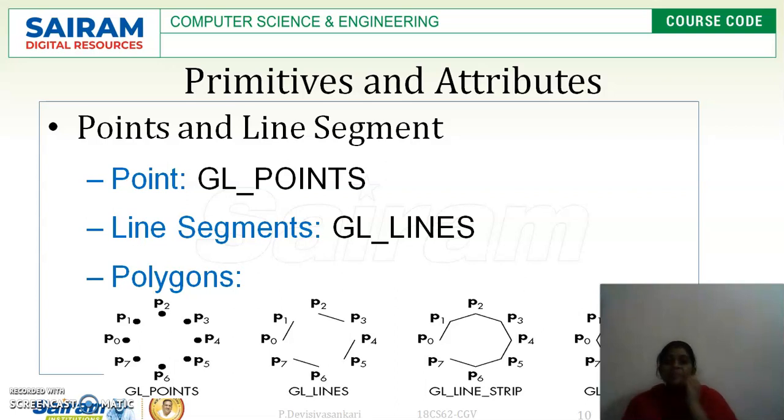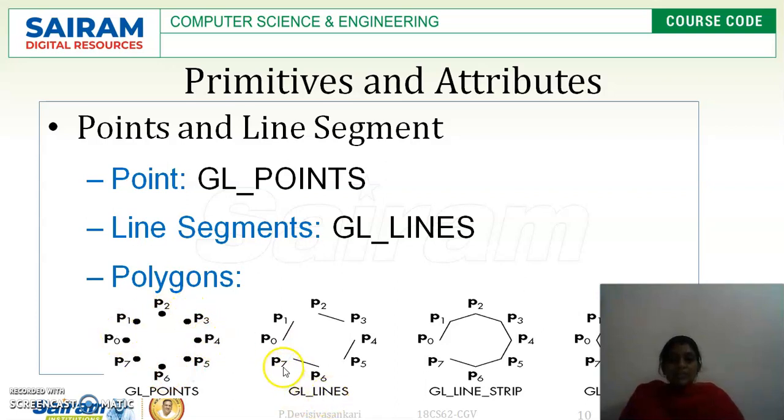And next comes the primitives. From here we are going to study all the primitives. The very first basic primitive is called a point. GL_POINTS, line segments, and polygons. So these are some of the examples. See here, GL_POINTS means P1, P2, P3, these are the different points.